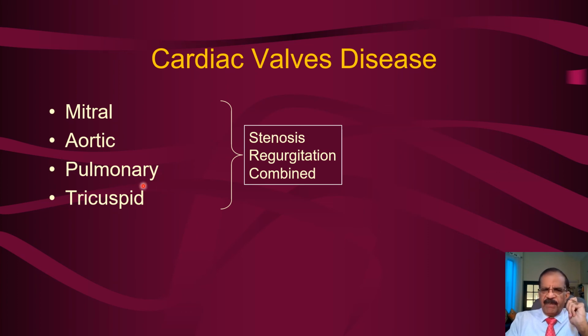The mitral valve and tricuspid valve, they need to close during systole to allow blood to go to the great vessels rather than going back into the atrium. If they do not close during that phase, that would result in regurgitation. That means the blood is regurgitating back into the chamber.